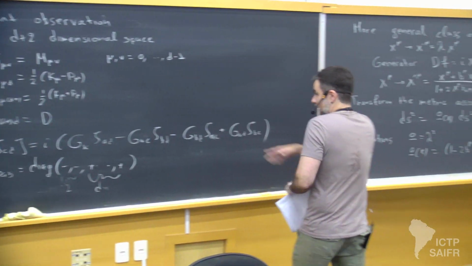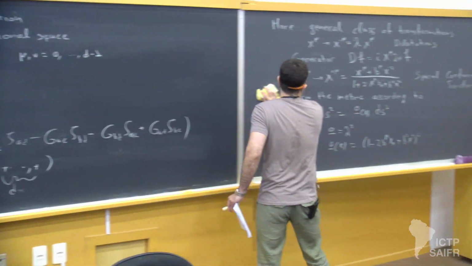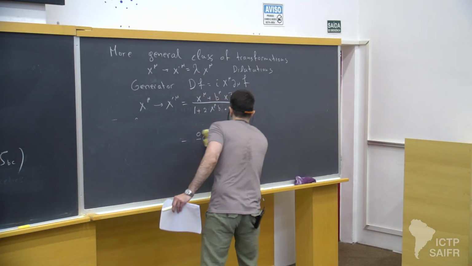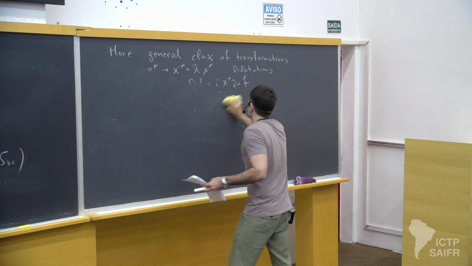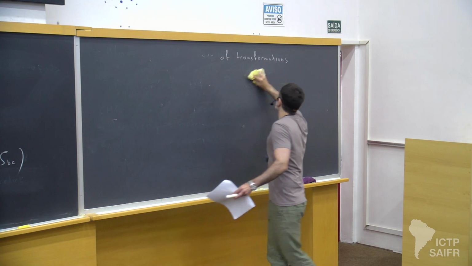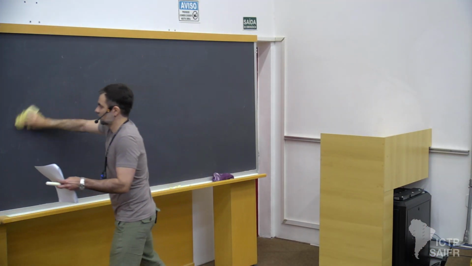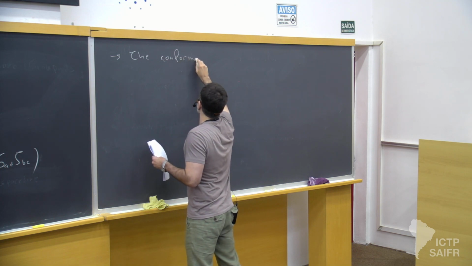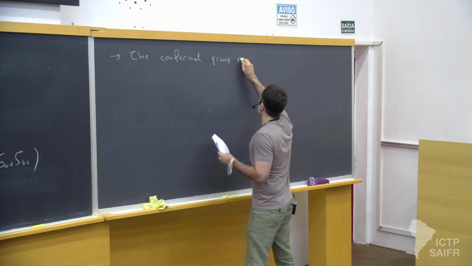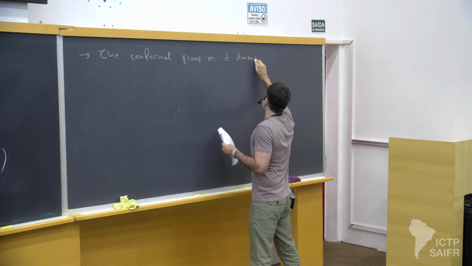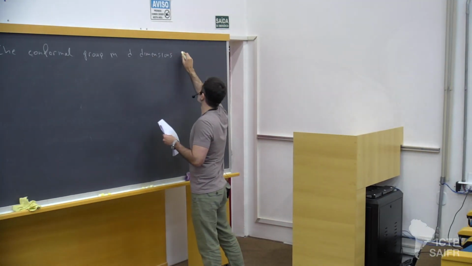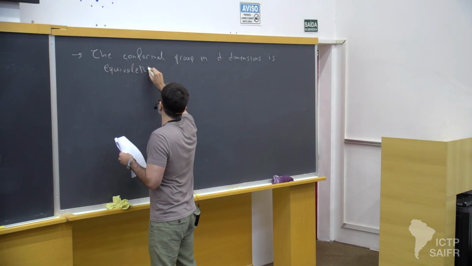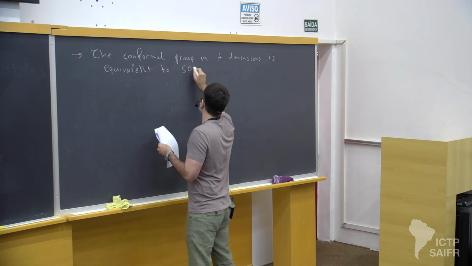So if you just look at that, then you can conclude that the conformal group in D dimensions is equivalent to the Lorentz group in 2 plus d dimensions, SO(2,D).